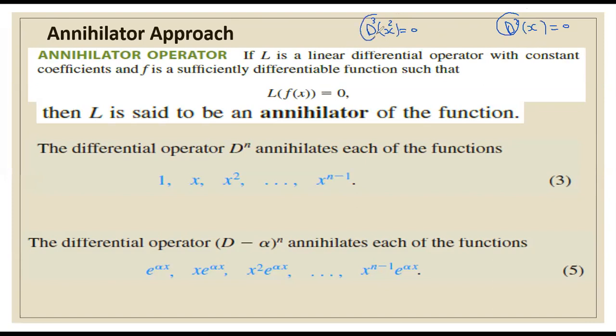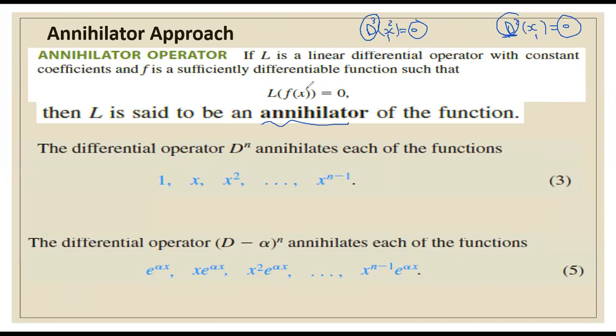So this D cubed, or D to the power 3, and this D squared, I call them annihilators for the functions x squared and x, because they make the function 0. So the annihilator operator is the differential operator which, if I apply it to my function, I will get 0.